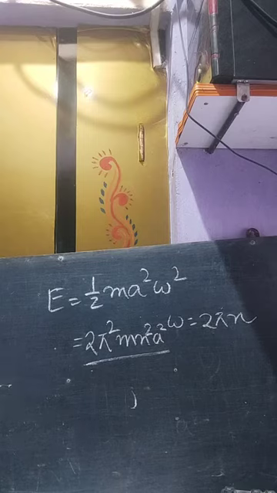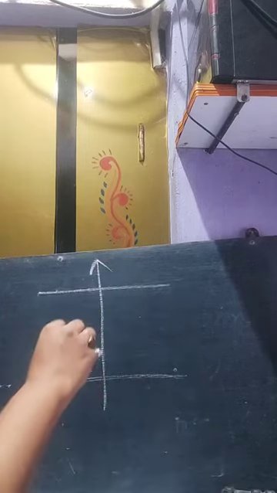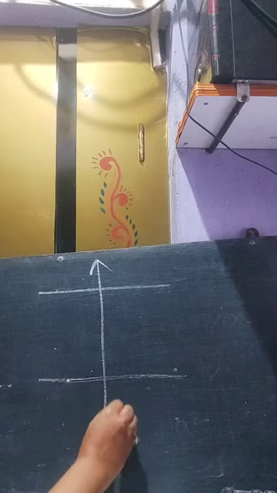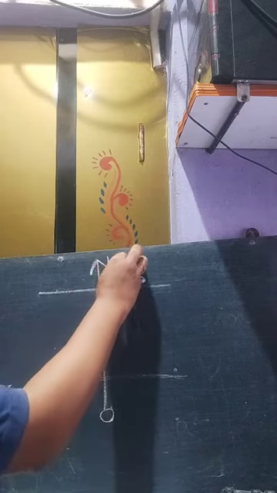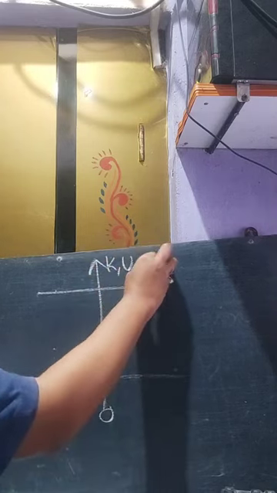Okay. So, what is the graphical representation for this energy? Basically the graphical representation is like this. This is 0, this axis is kinetic and potential energy.